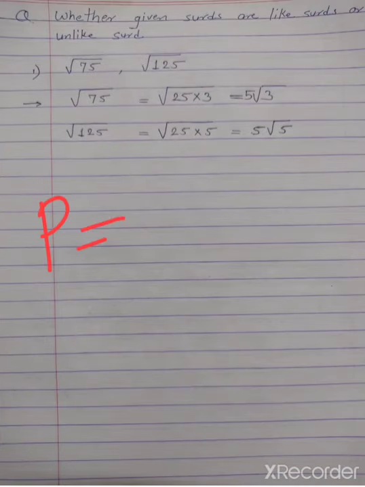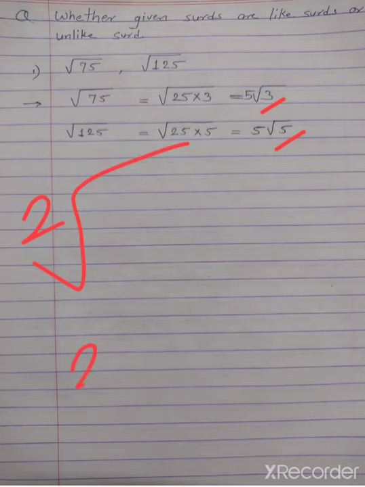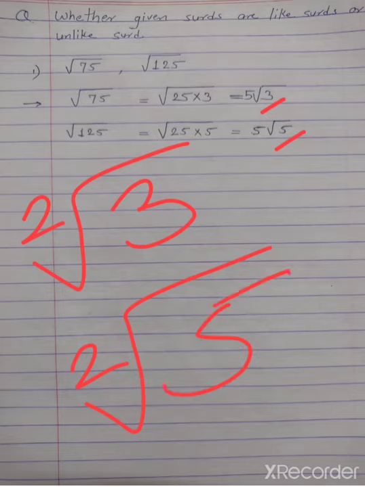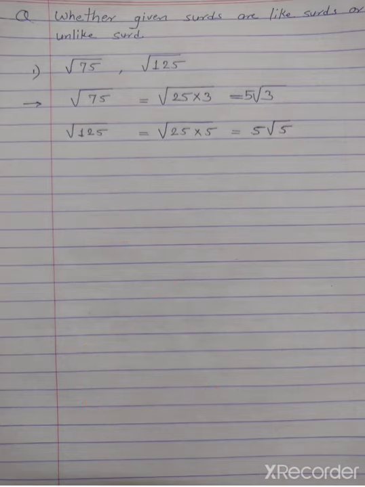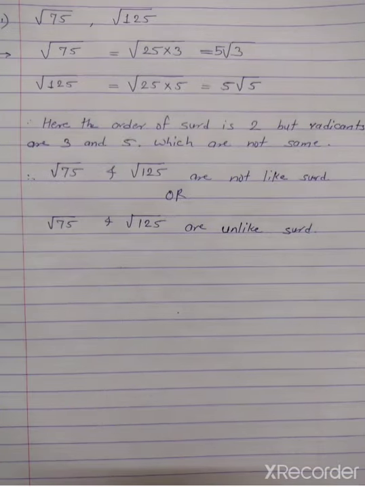But here the radicand is 3 and here the radicand is 5. The orders are the same, at both places the orders are 2 and 2, but the radicands are different. So now it is in the form of a and b. Therefore, due to this reason, these are not like surds, or you can say these are unlike surds.